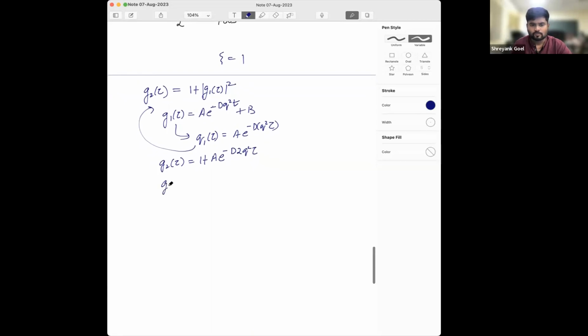So G2 tau minus 1 should be equal to a e to the power minus 2 D q squared tau.